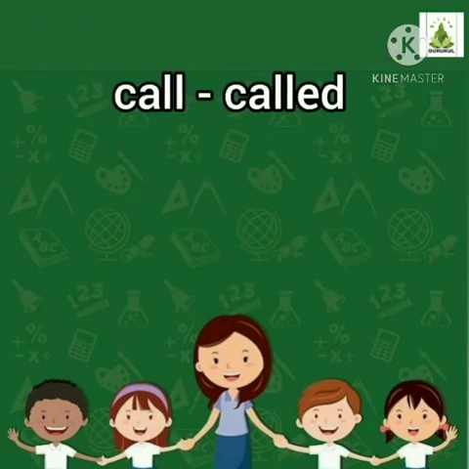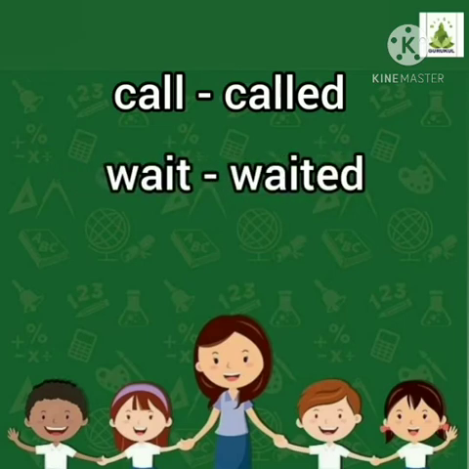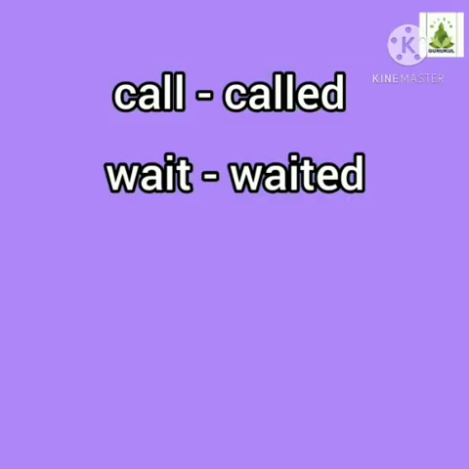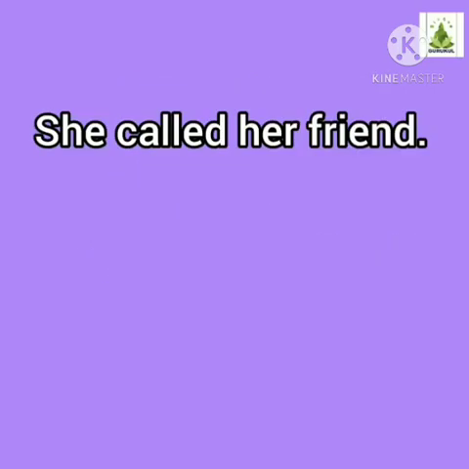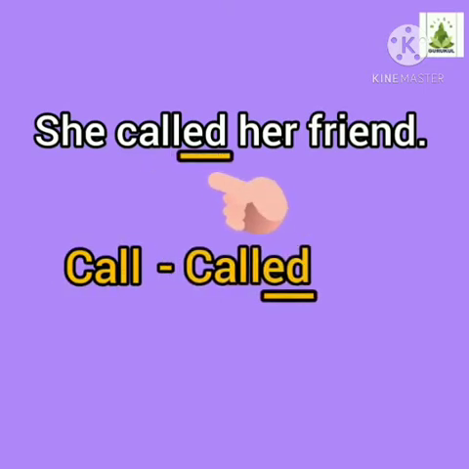Call, called. Wait, waited. Arrive, arrived. She called her friend. In this sentence, the verb is called. We have added ed at the end of the verb to indicate simple past tense.